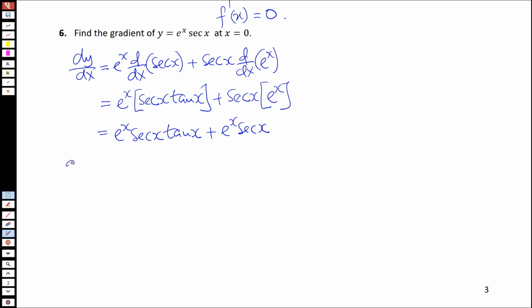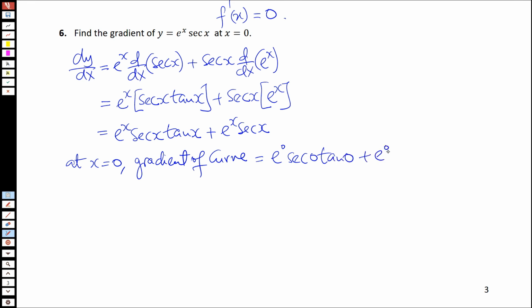Now, at x is equal to 0, the gradient of the curve will be equal to e to power 0, secant of 0, tan of 0, plus e to power 0, secant of 0. E to power 0 is just 1.